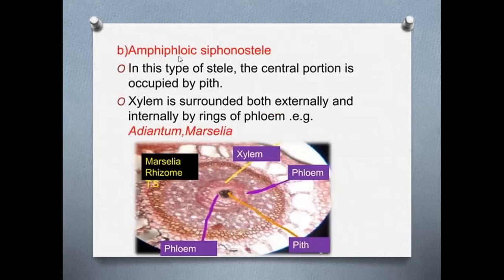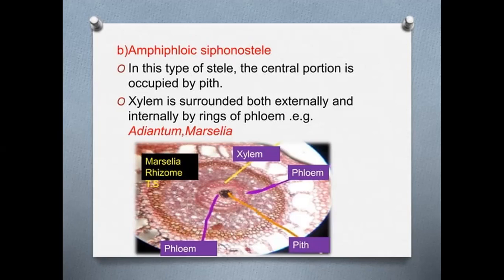Next, the second type of simple siphonostele, that is the amphiphloic siphonostele. Now, what is this amphiphloic? So here also, siphonostele means presence of the central pith region. You can look into this here, the central pith region.